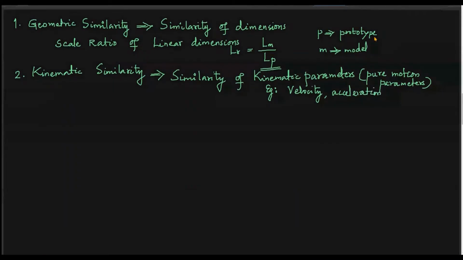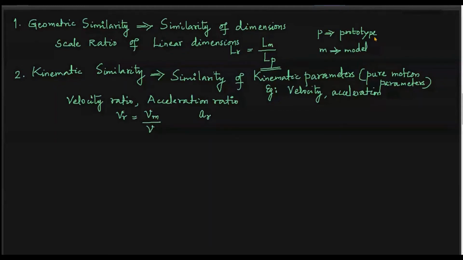So here you can have the velocity ratio and acceleration ratio. Let VR be the velocity ratio and AR the acceleration ratio. VR may be the velocity of a certain point, a certain component on the model, divided by the velocity of the corresponding point in the prototype.